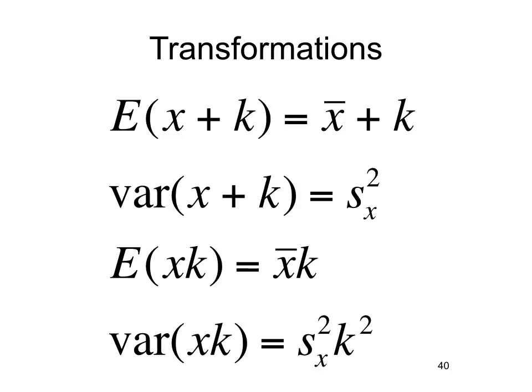Typically, again, I've only ever had to do this in intro. It doesn't happen at any other level. Okay. If we multiply all the scores times a constant, the expected value is going to be the x bar, the mean, times the constant.